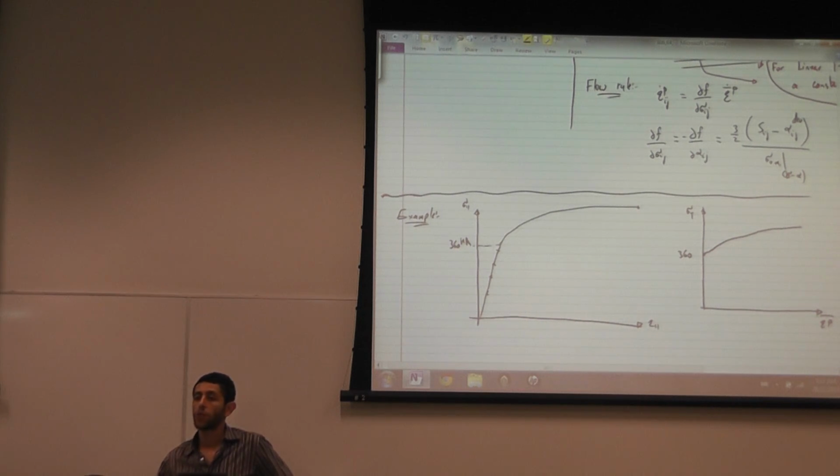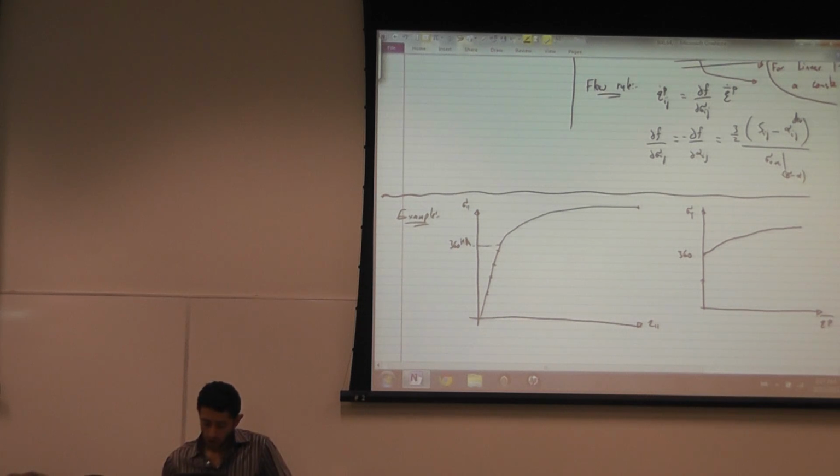So what's the value that would define the size of the yield surface since it's constant? Which value? 360. Yeah, exactly. Because the initial size is the same size all the time.